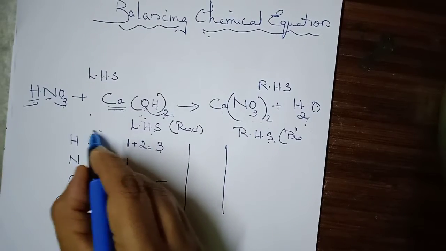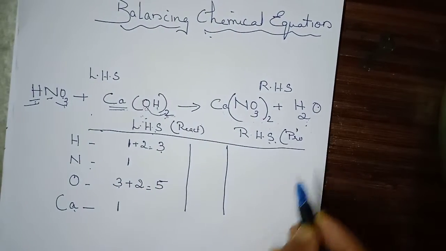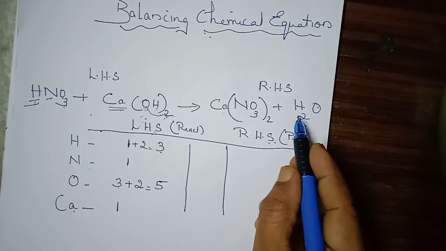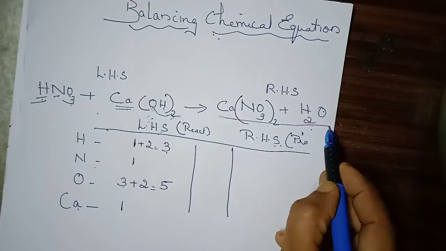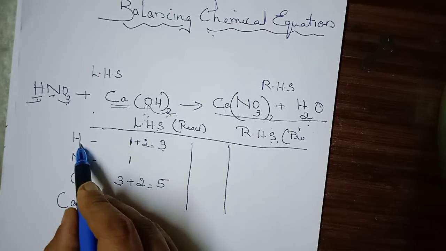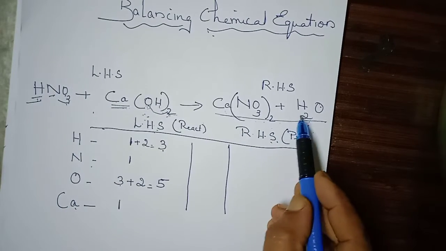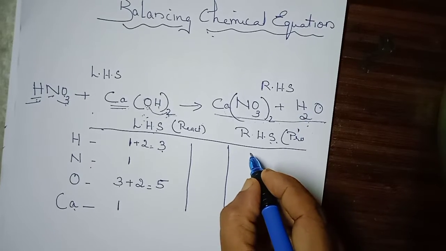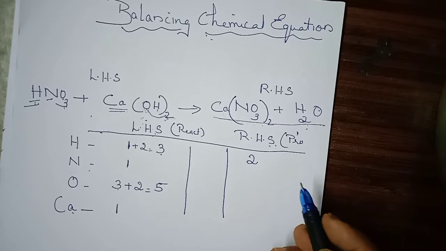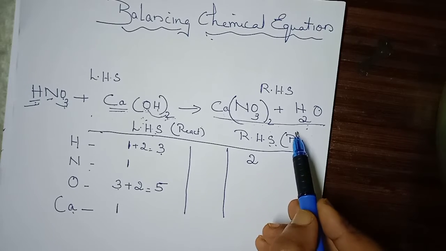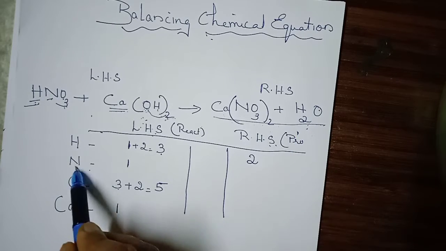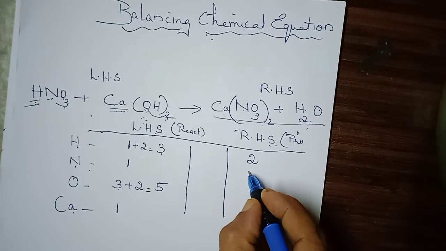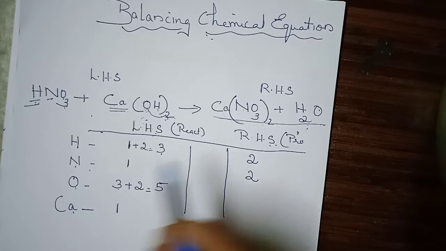Next, let us write the number of atoms on the product side. Now these are the products. Let us first begin with hydrogen. Here the number of atoms of hydrogen is 2, so let us write 2 here. Next is nitrogen. Nitrogen here is again 2, so let us write 2. The next is oxygen.